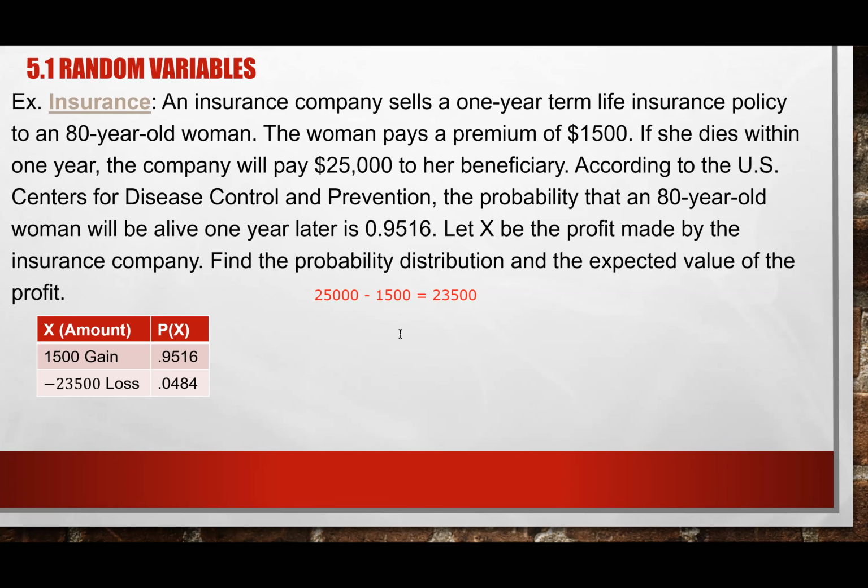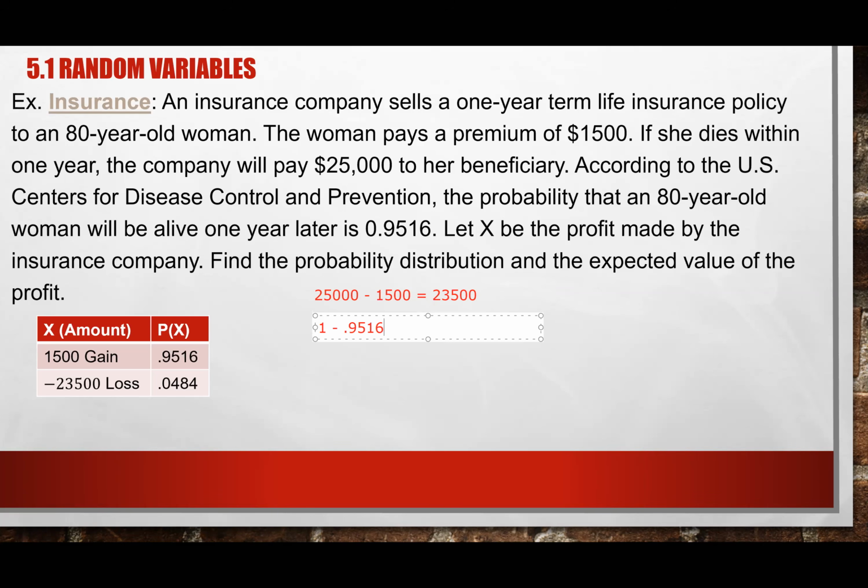Looking at this item, they tell us that the probability of this woman making it to her 81st birthday is 0.9516. Now, what is the probability she does not make it? Well, we take 1, which is the total probability, minus 0.9516.